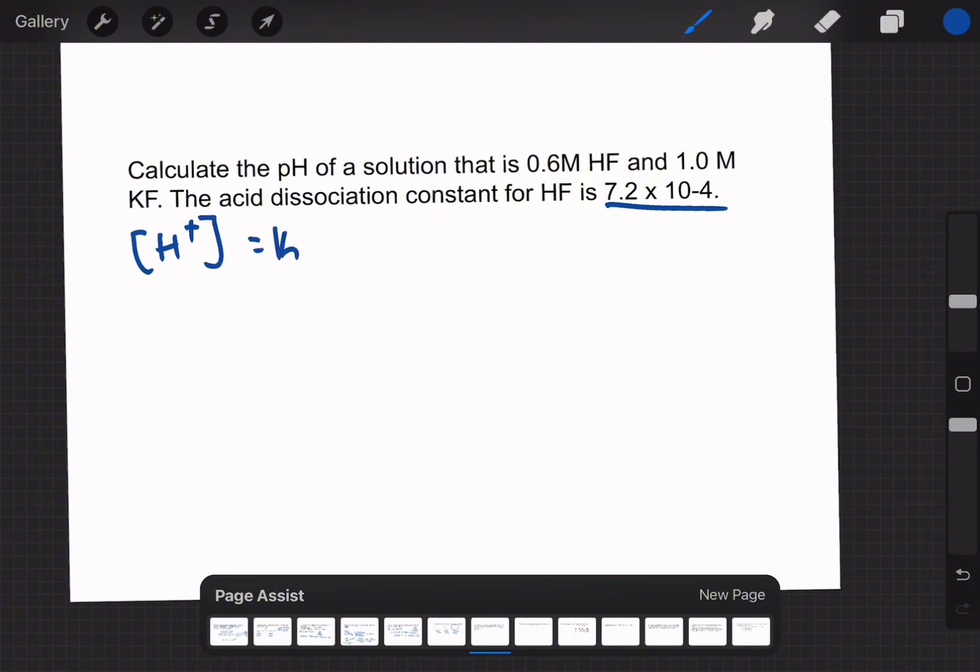Okay, so we're going to use H positive equals Ka, A over B. Once again, you're just going to put the molarity of HF on top and then the molarity of KF at the bottom. Okay, we're going to move on.